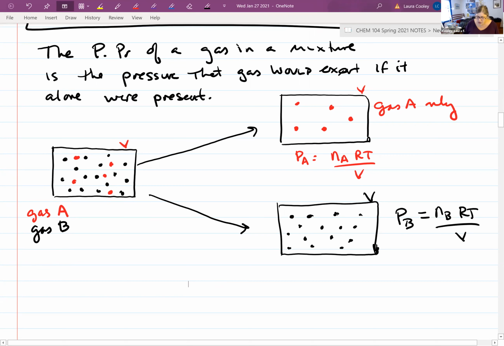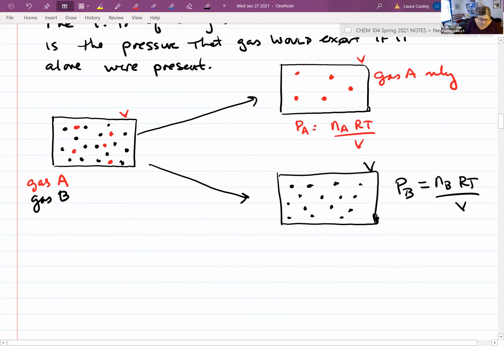So the thing is that a gas exerts a pressure in a container regardless of whatever else is there. It's going to exert the same pressure whether you had another gas there or 6 other gases there. It really just depends on the amount of that gas that's present. So then what about the total pressure?